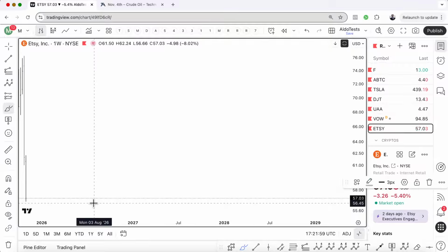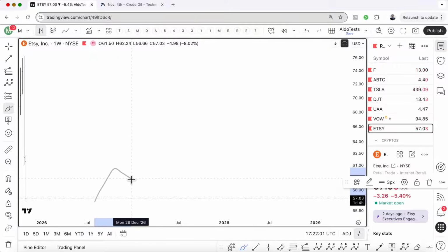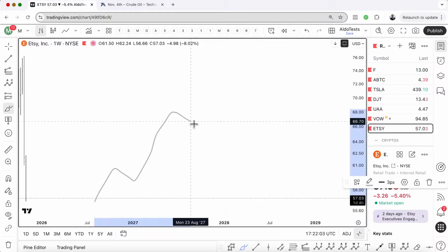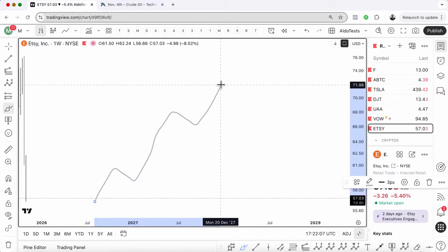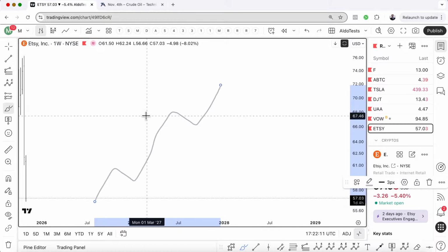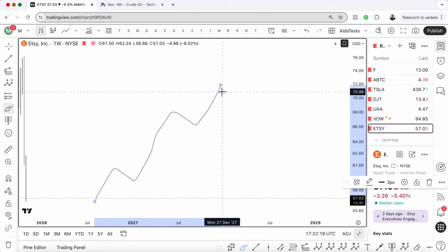And that is that whenever we have an impulse, it's practically impossible to see all the internals of all those waves in the same time frame.